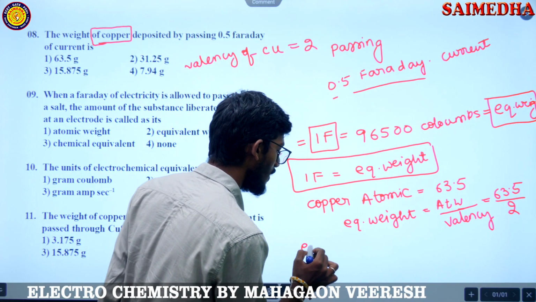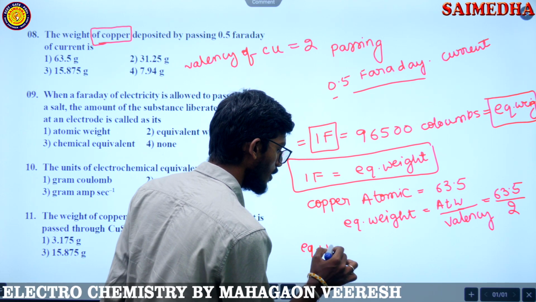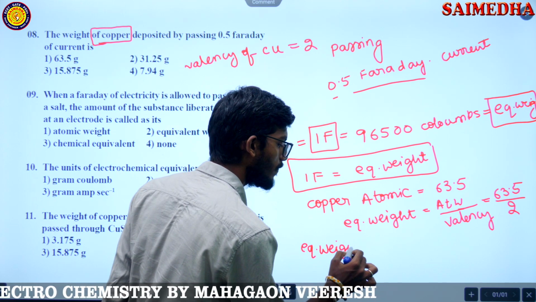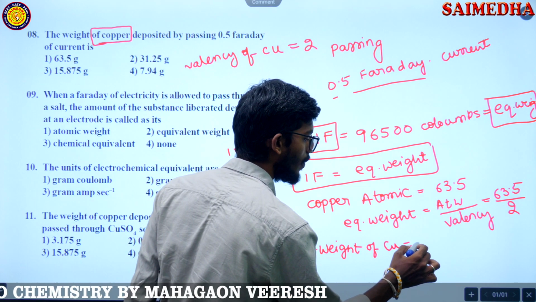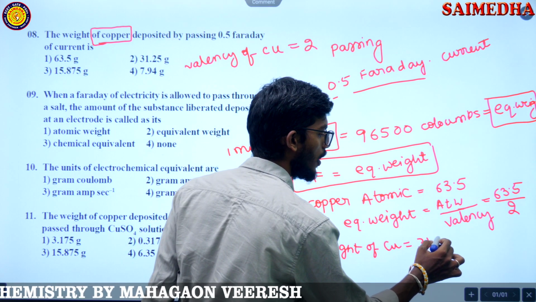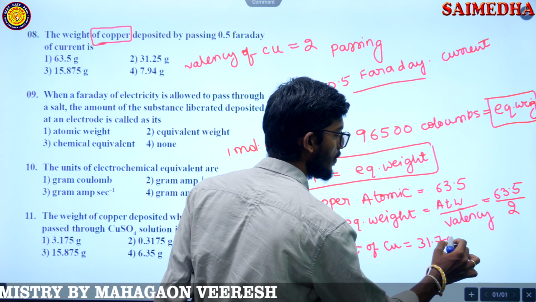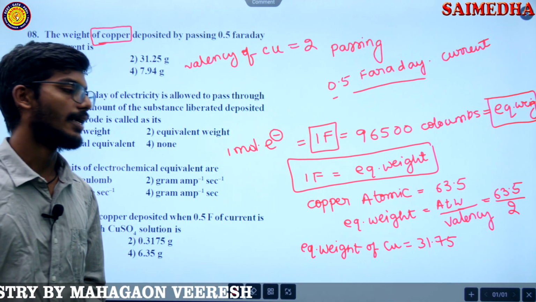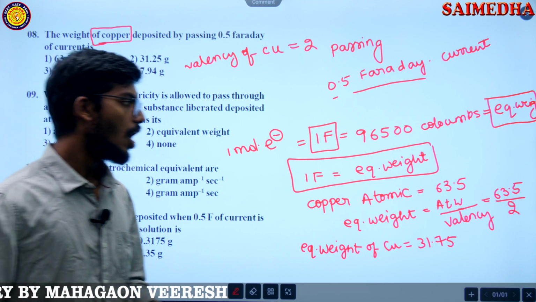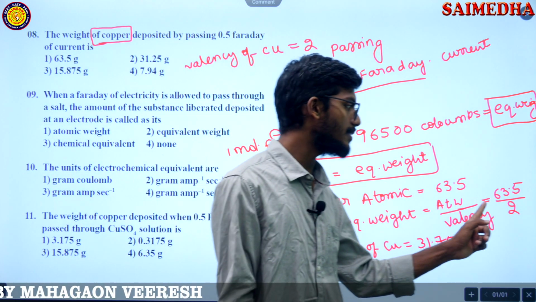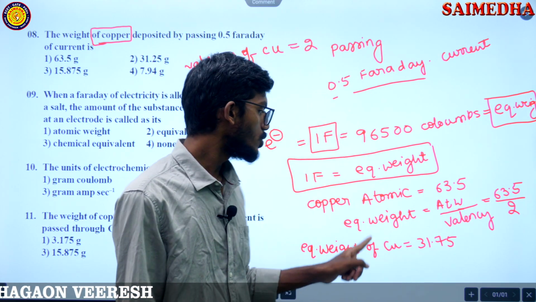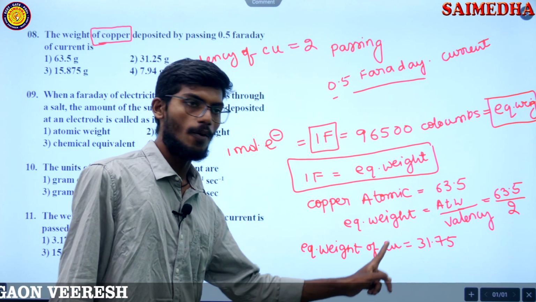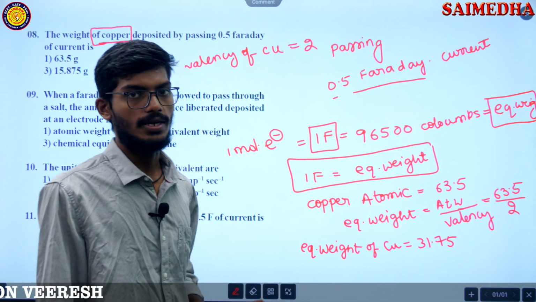So equivalent weight of copper is equal to 31.75, because atomic weight by valency, atomic weight 63.5 divided by 2 is 31.75. So equivalent weight of copper is 31.75.